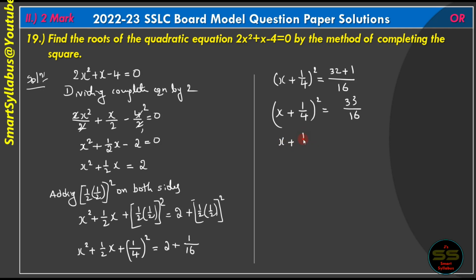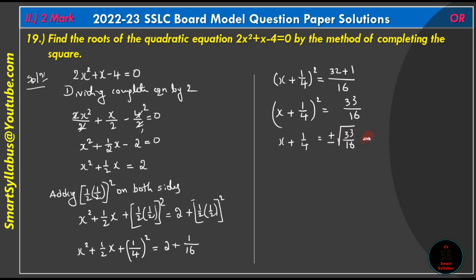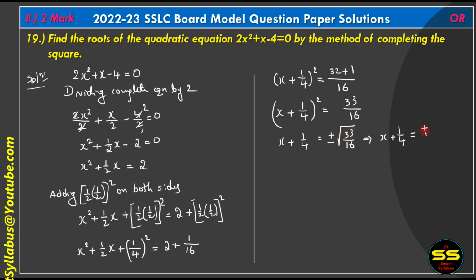So we get x plus 1 by 4 is equal to square root of 33 upon 16, but we have to consider plus or minus here. Then x plus 1 by 4 is equal to square root of 33 upon 16. 33 is not a perfect square number, so we write plus or minus square root of 33 as it is upon square root of 16.